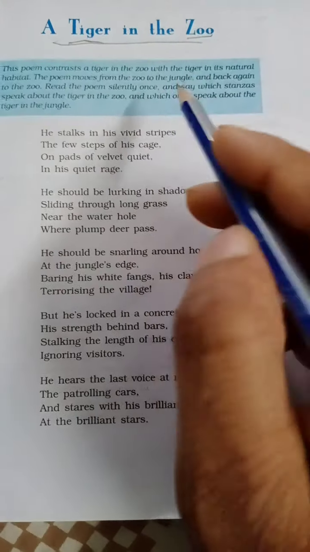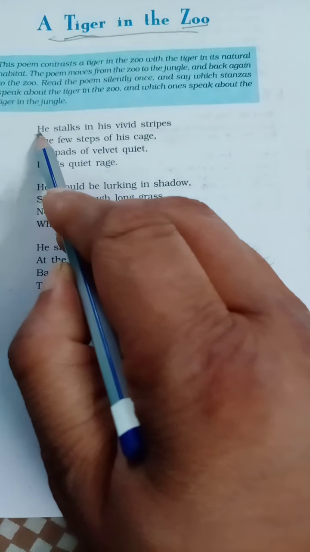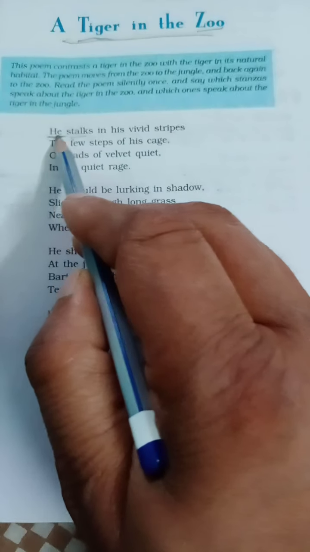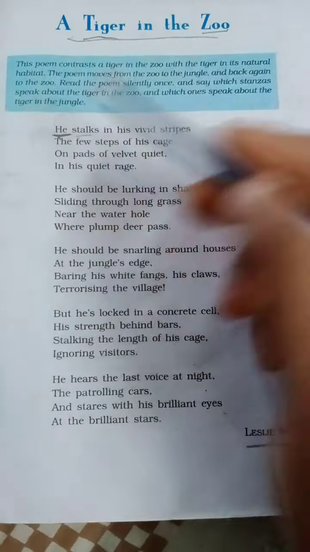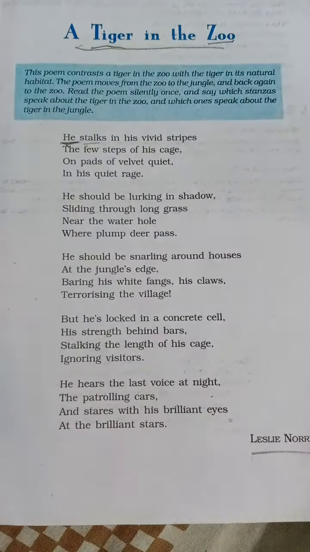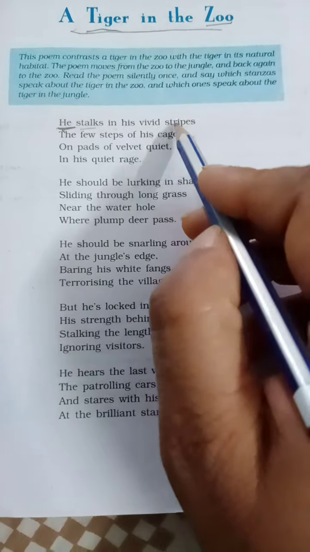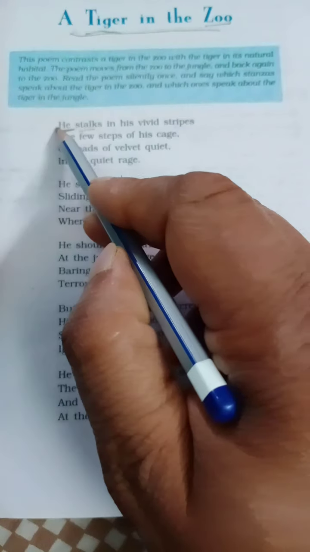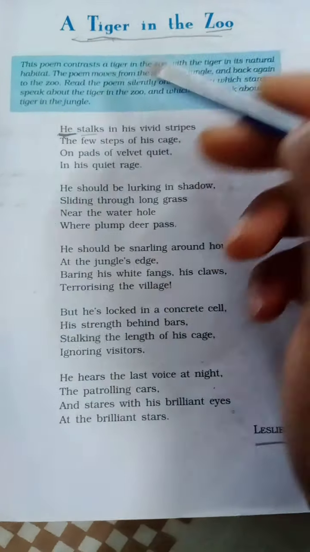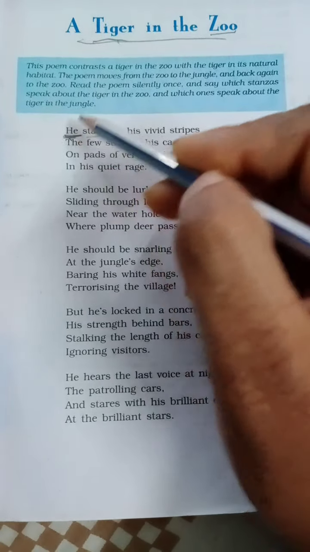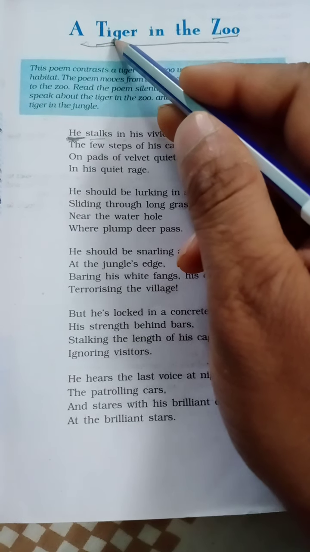When we read the first stanza, the very first word is a pronoun, that is he. He stalks in his vivid stripes. He stands for tiger. Simply, here it is the example of personification.